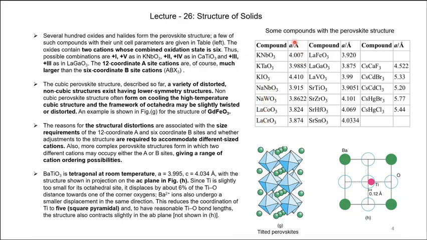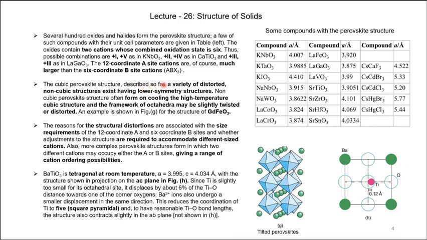Here are the cell parameters of these compounds. You can see many compounds, the oxides and halides of two mixed cations.